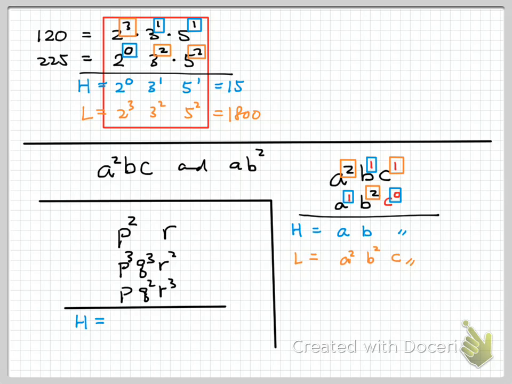Now, if you are not familiar with it, I suggest you put back the missing stuff. A single P is actually P to the first power. A single R is R to the first power. This blank here is the most confusing. A lot of people make mistakes when there is a blank position. It should be Q to the power 0, which is 1.